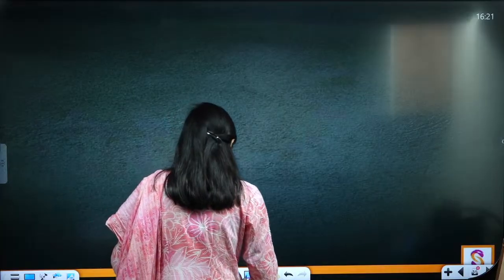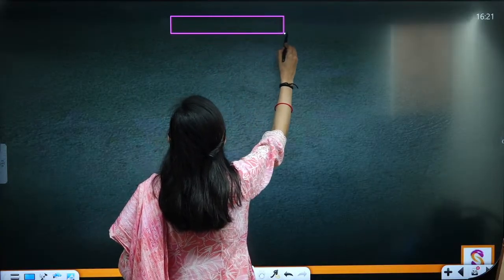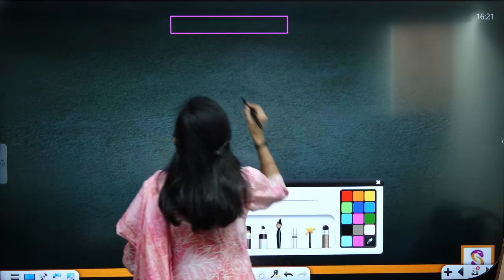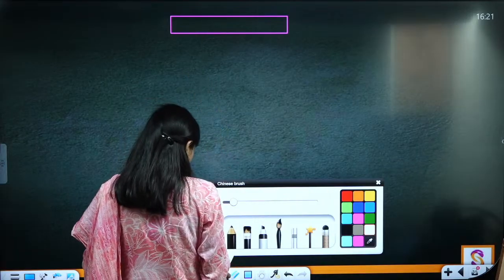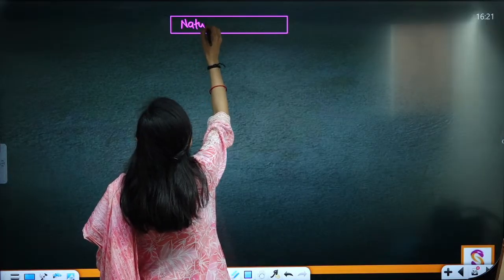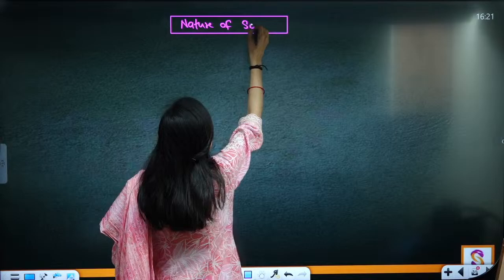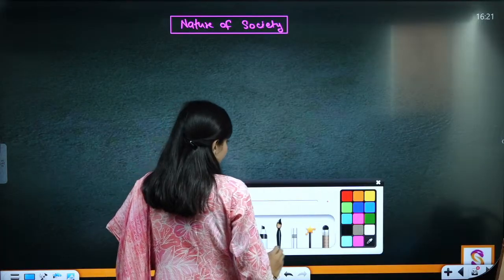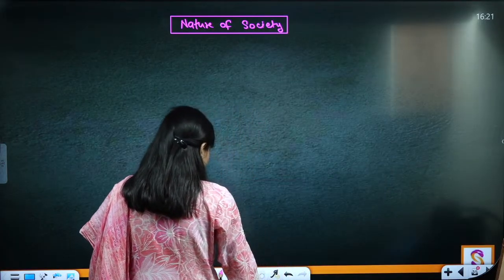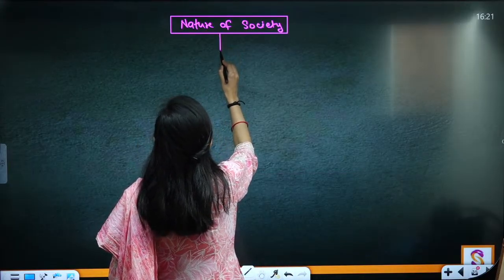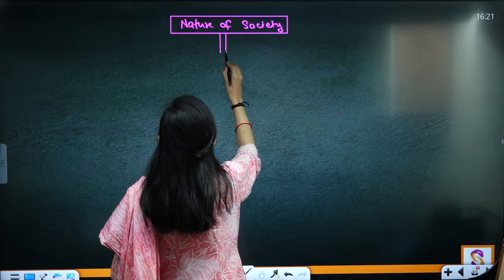Now in today's lecture, how did we start? We started with the nature of society. While explaining the nature of society, we referred to the explanation given by Aristotle.